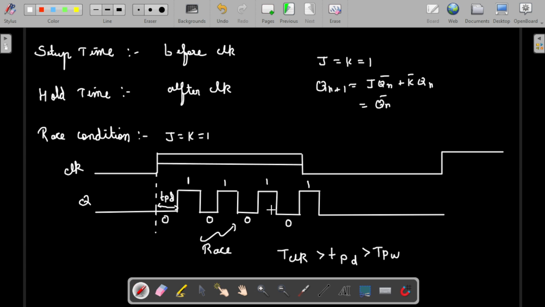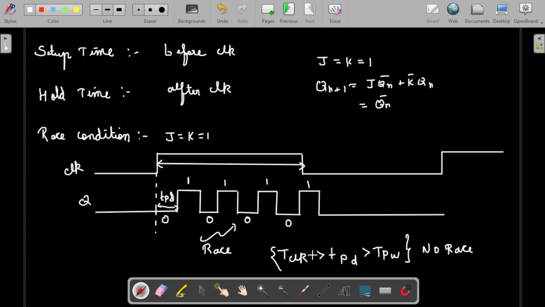So this one we state as TWP. So if the clock period is greater than the TPD and the clock on time is also less, if this condition is satisfied, there won't be any race condition. Okay, so here there will be no race condition. If this condition is not satisfied, then there will be a race condition.